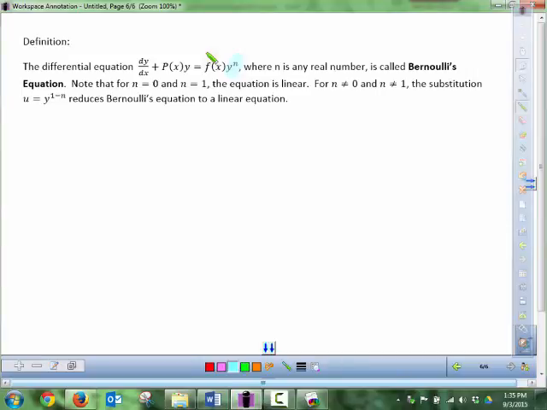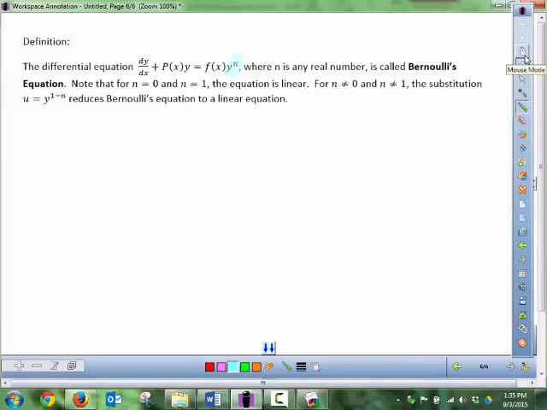All right. So the substitution for a Bernoulli equation would be another introduction of a u variable. U is equal to y to the 1 minus n. That's a weird substitution, but it'll work, so let's just trust it.